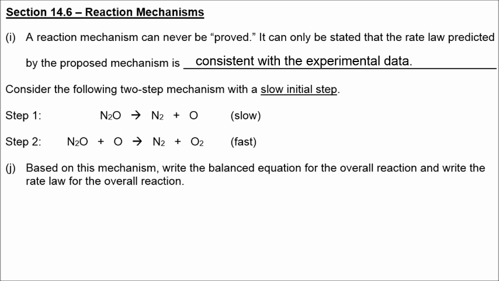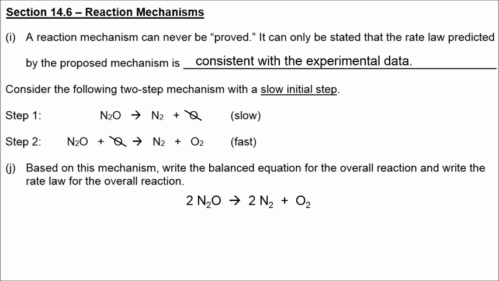Now we have a 2-step mechanism involving a slow initial step where a single molecule of N2O is going to be involved as a reactant in the slow step. Let's write the overall balanced equation. So we cross off the O on both sides. So 2 molecules of N2O decompose to produce 2 molecules of N2 and 1 molecule of O2.